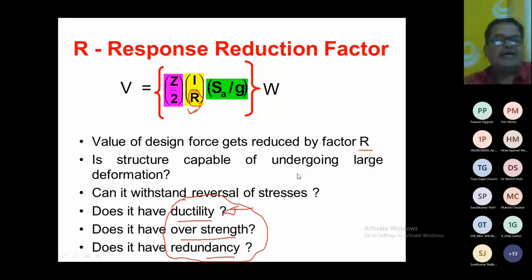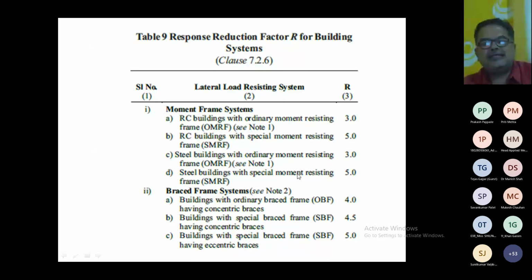Now the IS code has given different values of R. For example, moment frame systems. First is an RC building with an ordinary moment resisting frame, OMRF, and the R value is 3.